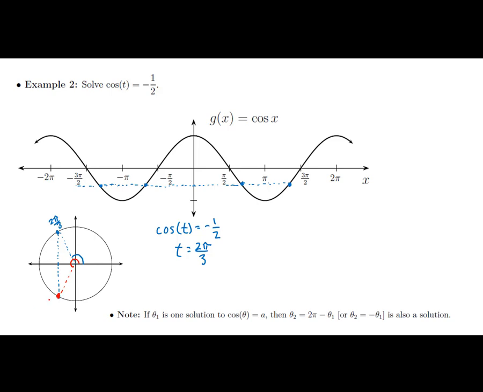And in fact, that's exactly what happens. If I take 2 pi, that would be going once around the circle, and then I backtrack an angle of 2 pi over 3, I should end up right here. So we can say 2 pi minus 2 pi over 3 is another solution.